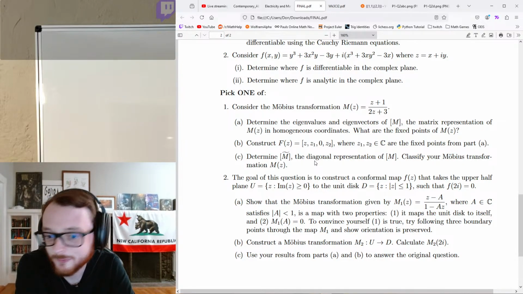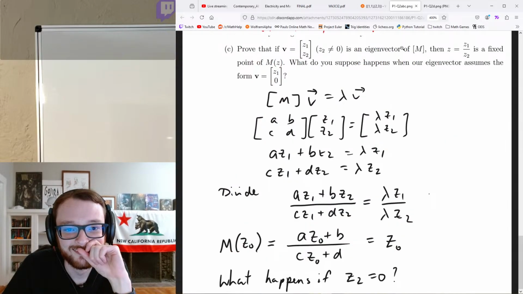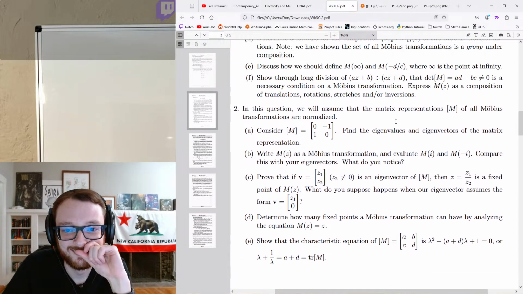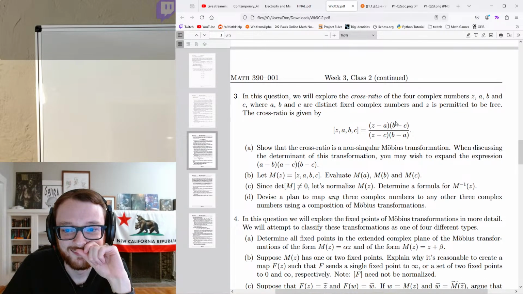Now what the hell is f? Well, this looks like it might be... This looks like the same format, kind of.